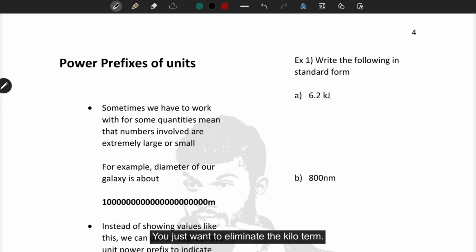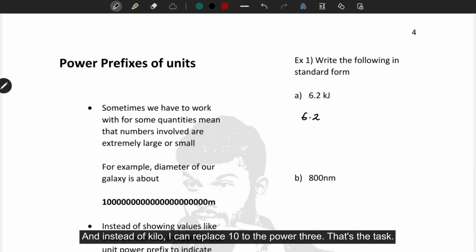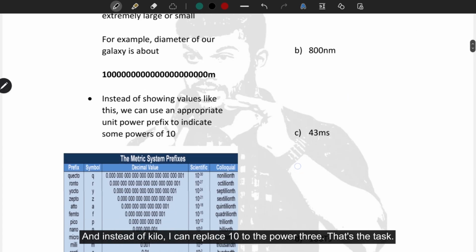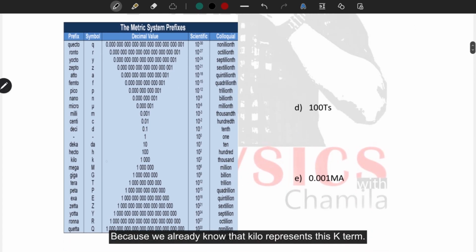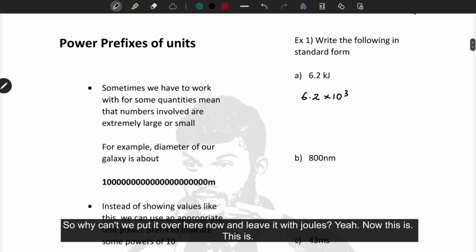You just want to eliminate the kilo term, and you have to write this with joules. So it's now 6.2, and instead of kilo I can replace 10 to the power 3. That's the task, because we already know that kilo represents 10 to the power 3. So why can't we put it over here and leave it with joules?